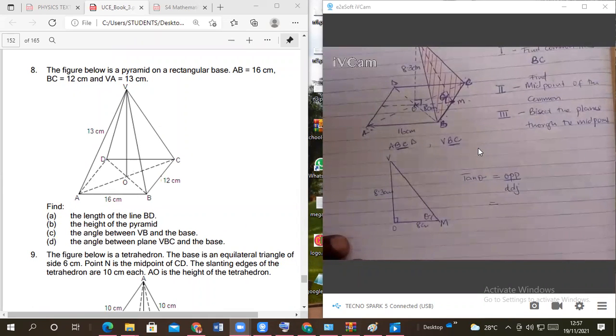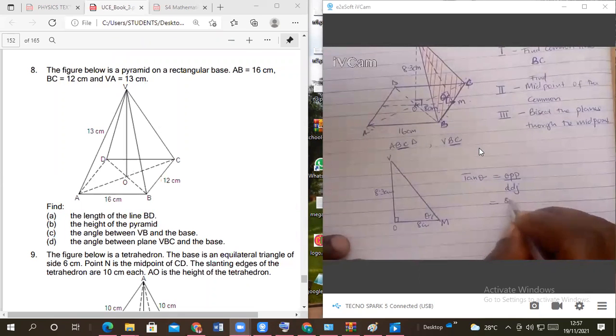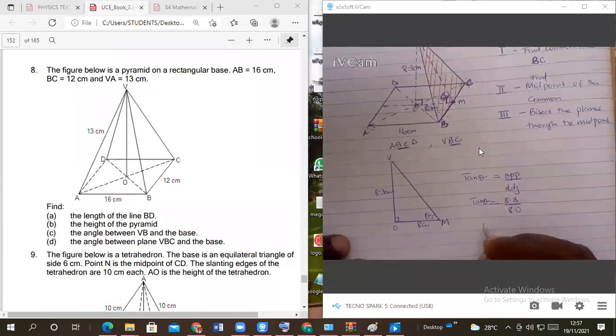Wendy, what is our opposite? 8.3. Good. And adjacent is 8.0. So theta equals the tan inverse of 8.3 over 8.0.